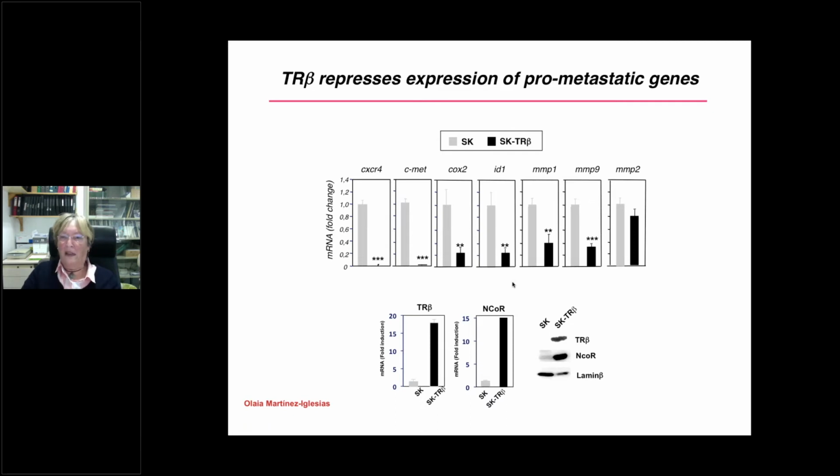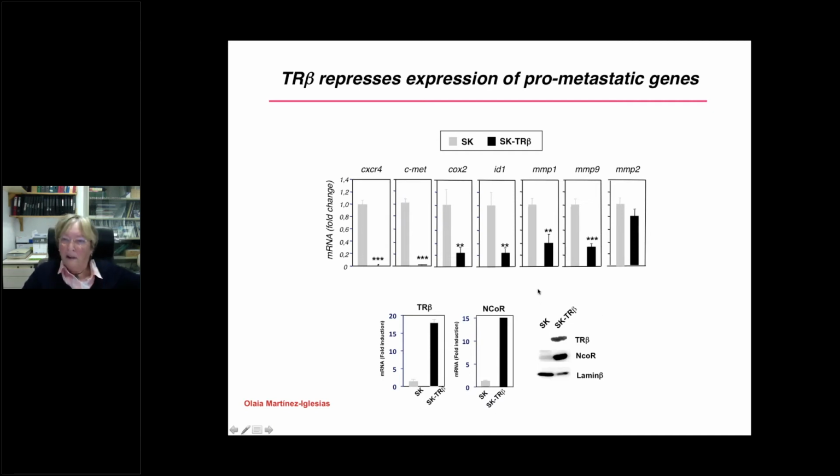And these genes are known to be of bad prognosis in patients that had tumors expressing high levels of these genes. Among them, there are the chemokine receptors, CXCR4 and also other chemokine receptors, the proto-oncogenes MET, COX2, the transcription inhibitor ID1, and some metalloproteases.